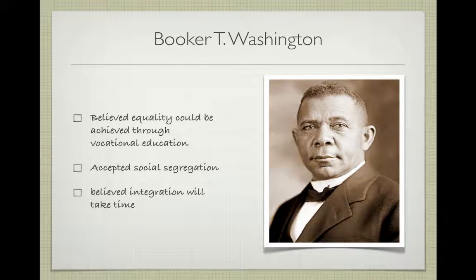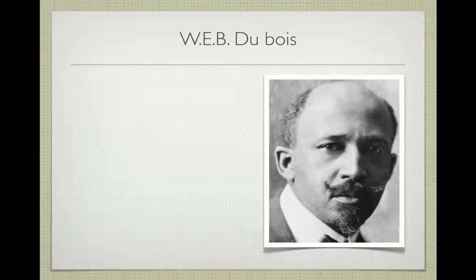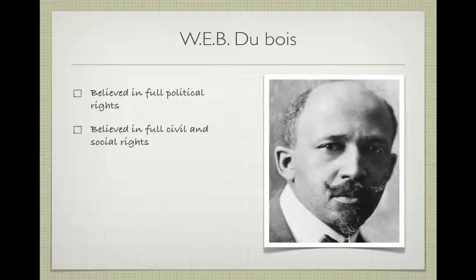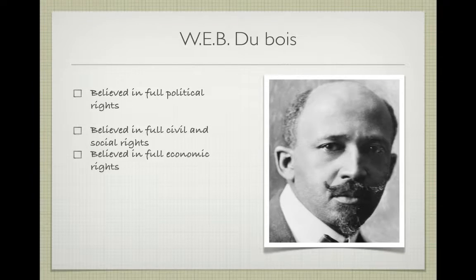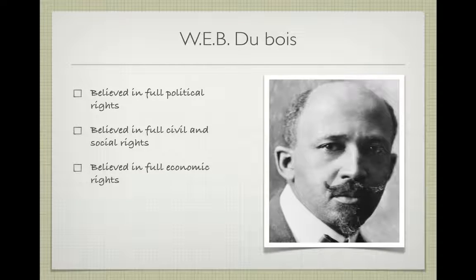And that's what he said, essentially this idea of taking time. Integration will take time. He believed in integration, but he just thought it won't be as quick. It needs to take time. You got W.B. Du Bois, though, on the other hand, believed in full political rights for African Americans. He wanted full social rights, civil social rights. He wanted full economic rights.